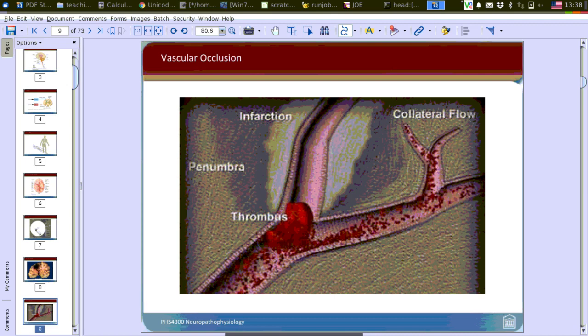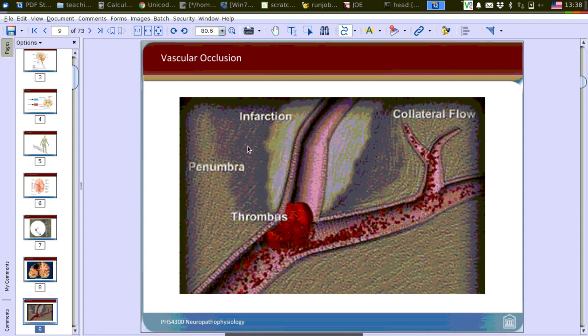Now, we talk about specific areas. We talk about the area close to the blood vessel, which is the infarction zone. So you can see this light colored area close to the occluded vessel as being an infarcted zone. This tissue will die.